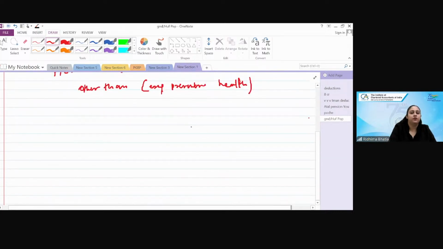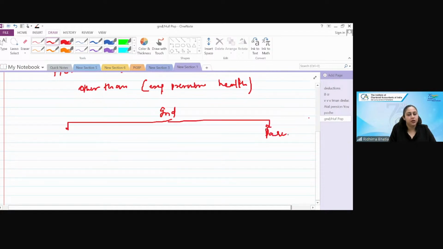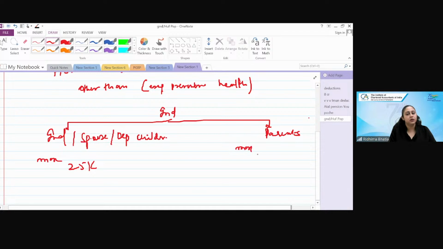Individual gets two umbrellas of deduction, two categories of deduction would be allowed. One is for parents and one is for his own family. Own family में कौन आ गया? Individual, spouse and dependent children. ठीक है? So this is 25,000 maximum.